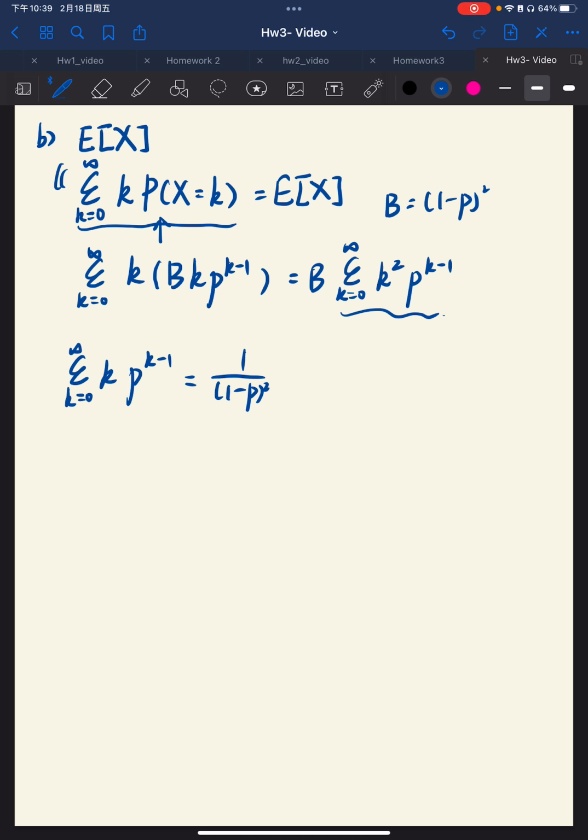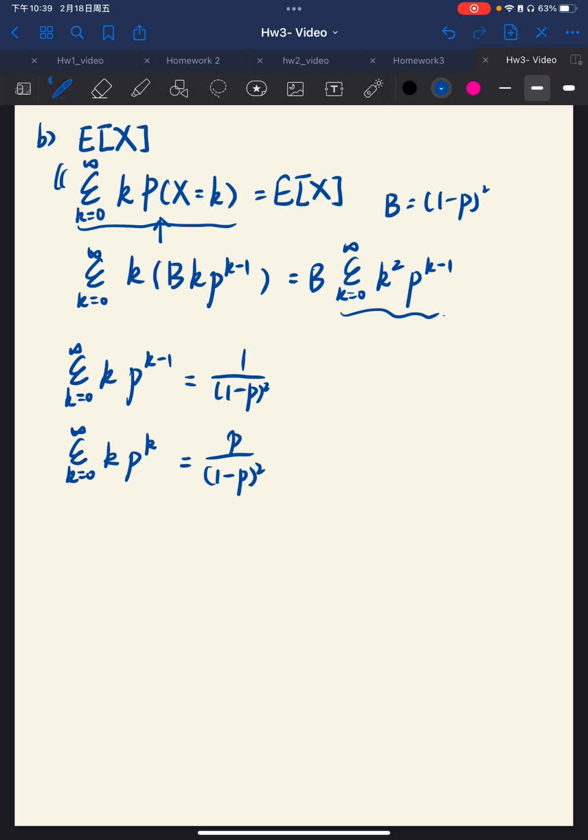Now we multiply p on both sides, which gives the summation of k p^k equals p over (1 minus p) squared.